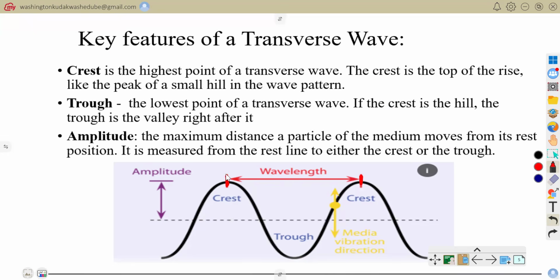That can be a crest and the following crest, or a trough and the following trough, or our starting point and a complete move which forms a cycle. Any distance between two successive points in phase gives us what we refer to as the wavelength.